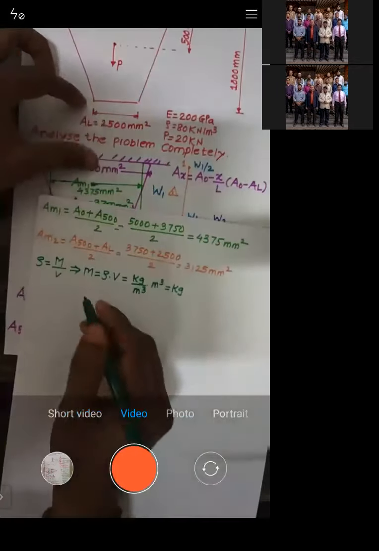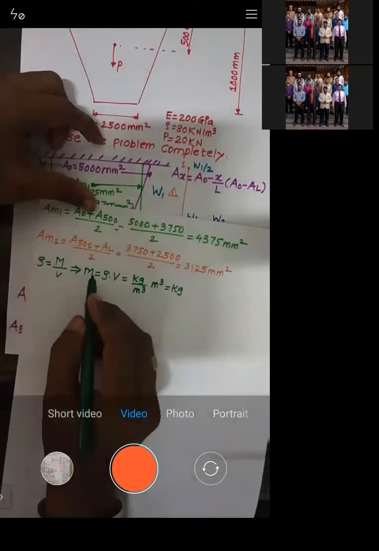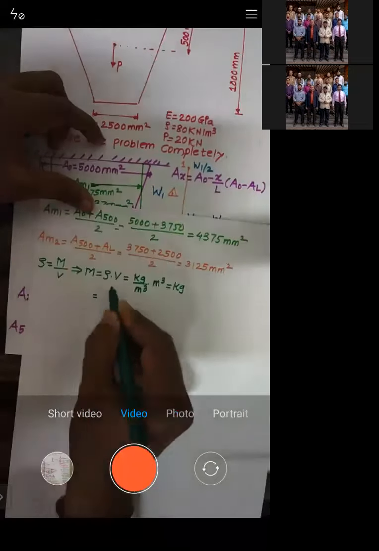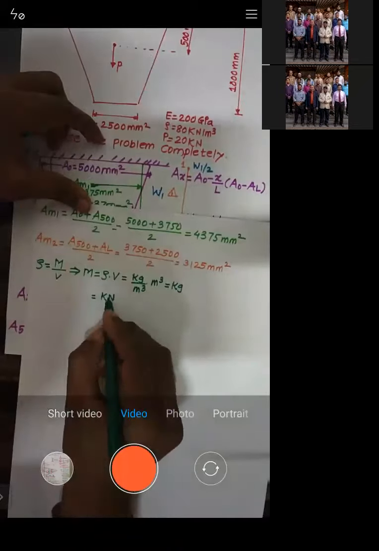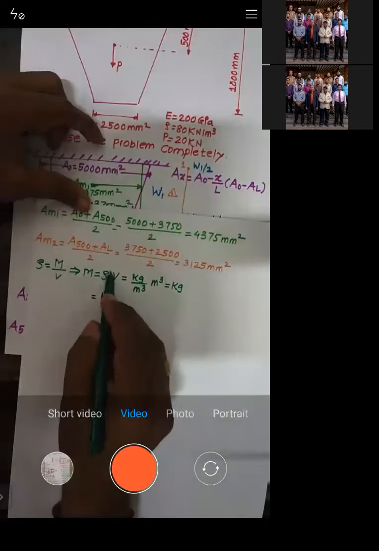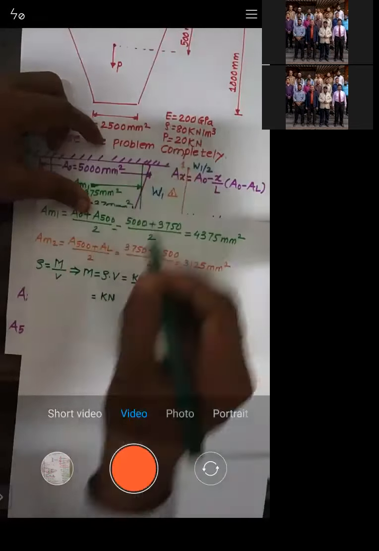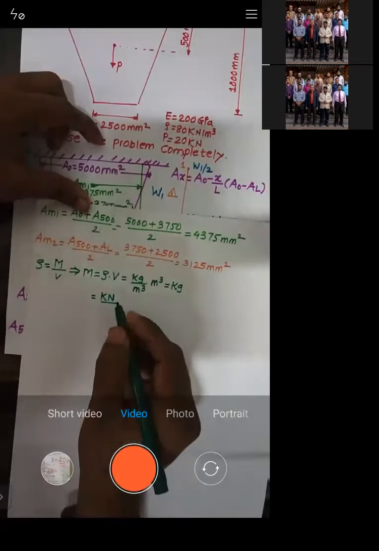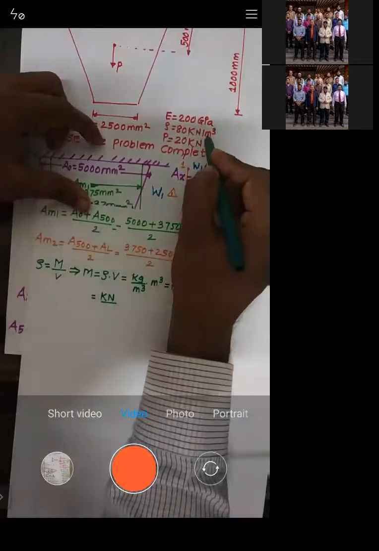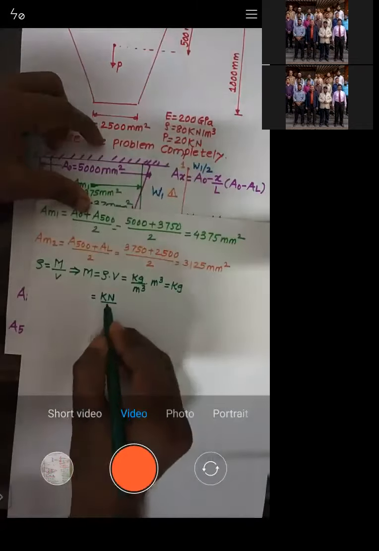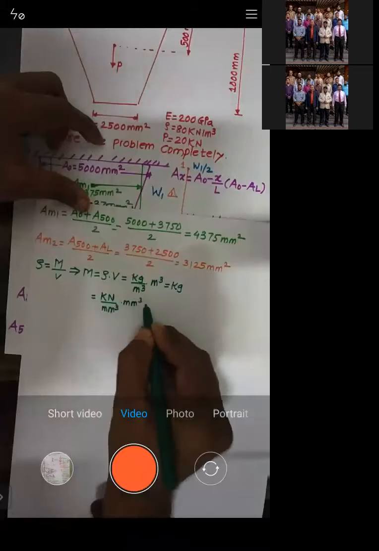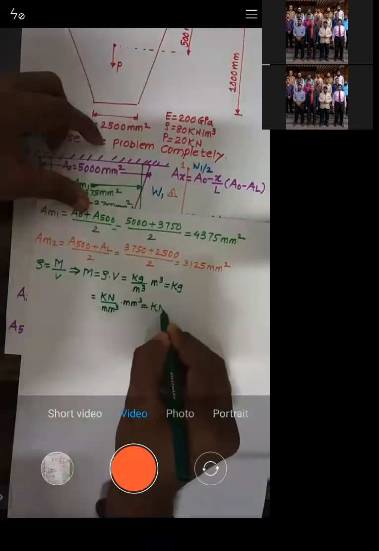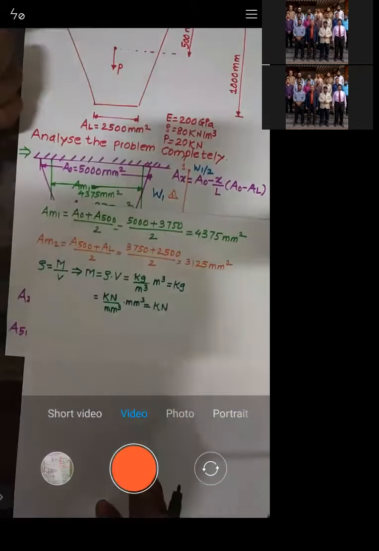Now see, if I take this density, which is in kilonewton per meter cube, if I take it in kilonewton per mm cube, and the volume is in mm cube, what happens is I will get the mass in kilonewton, and that is nothing but a weight.